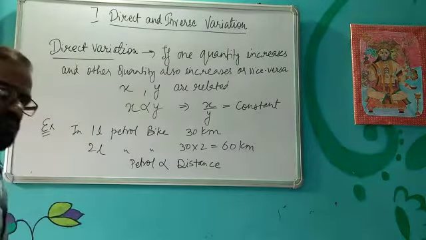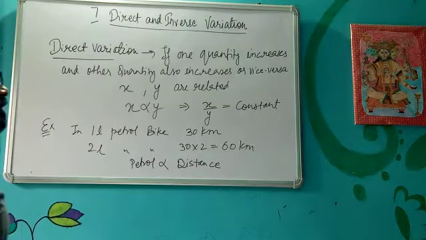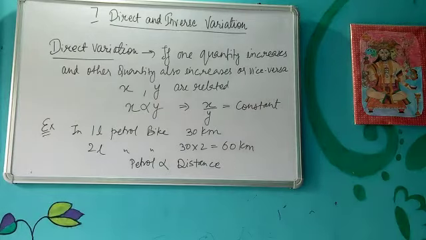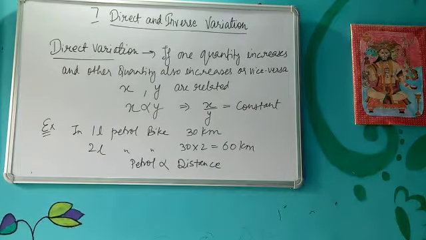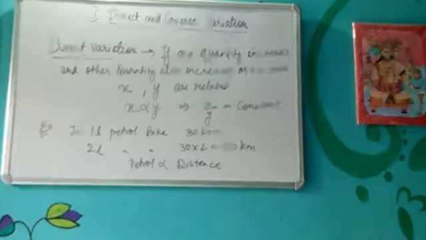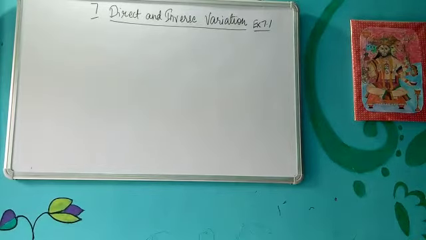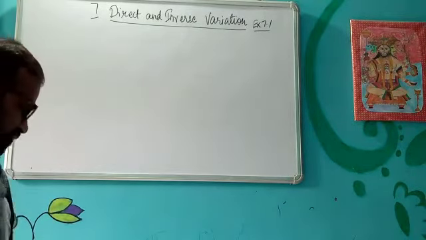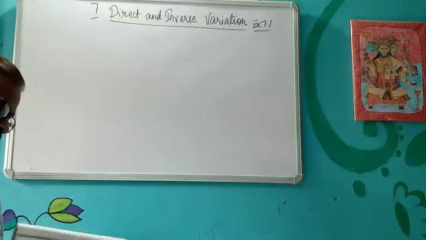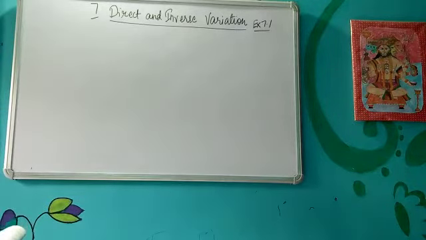So let's solve a few questions related to direct variation. Let's see exercise 7.1. A very first question, that is fill in the blanks.